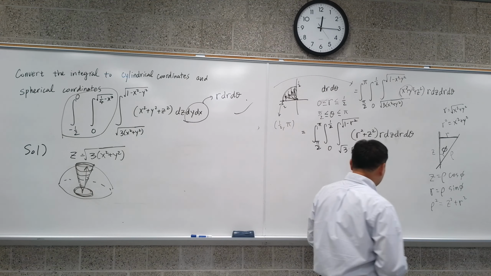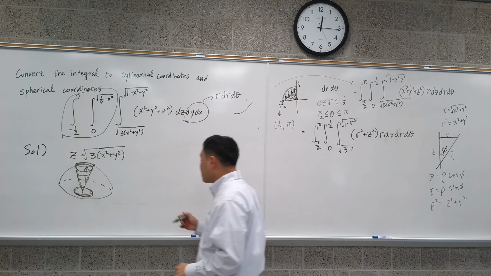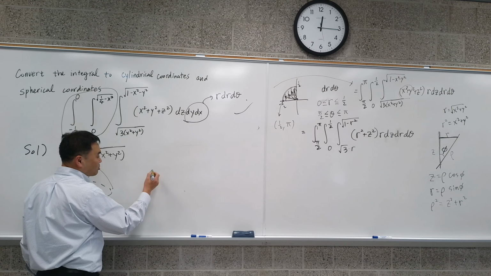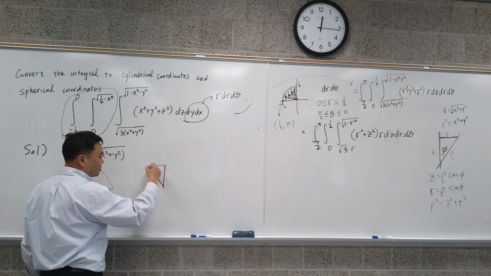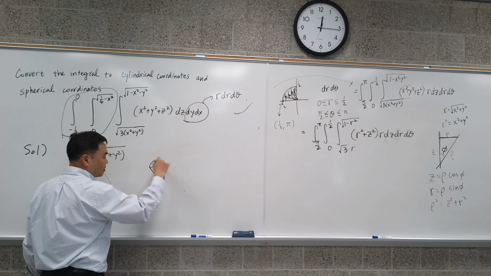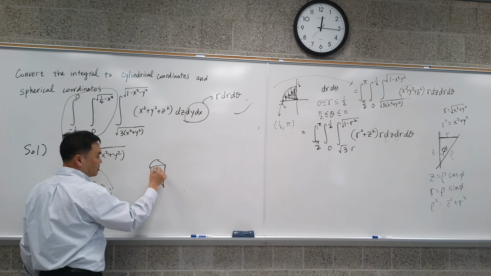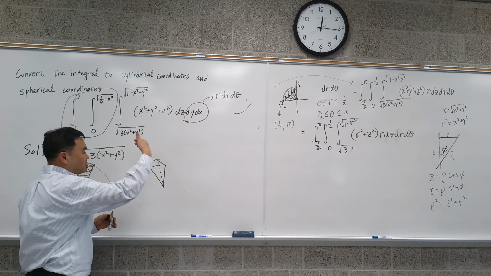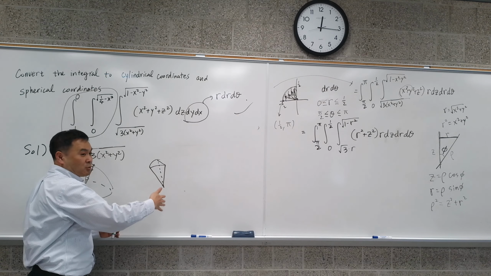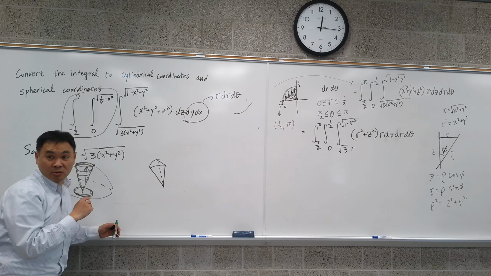But then we need to cover that. I don't know if I can do a good job there, but it's like you slice the ice cream cone in 4 equal parts, and this is 1/4 of a cone, okay?